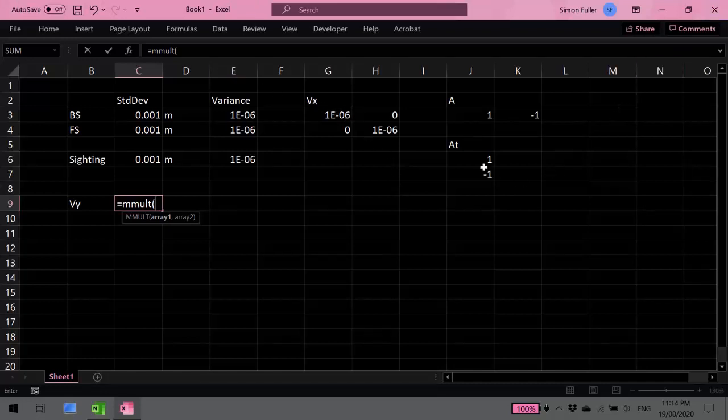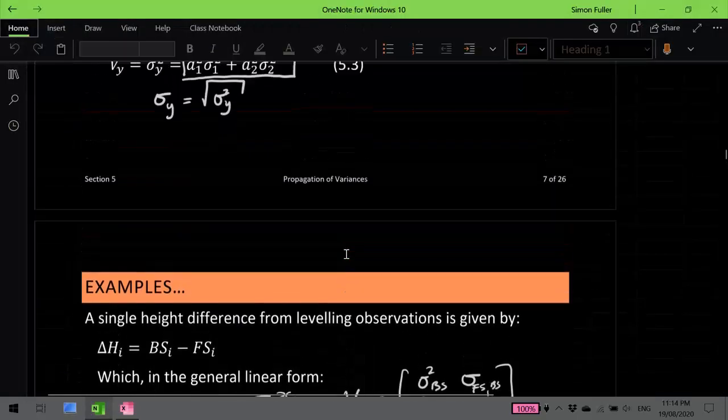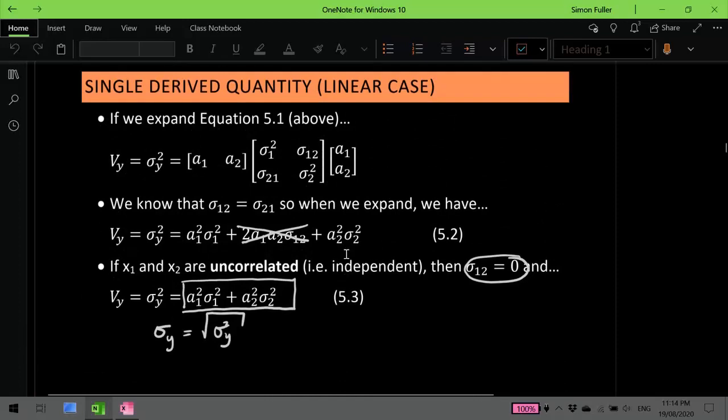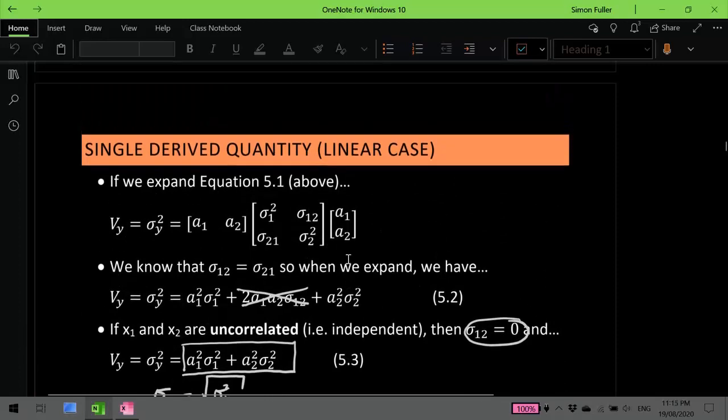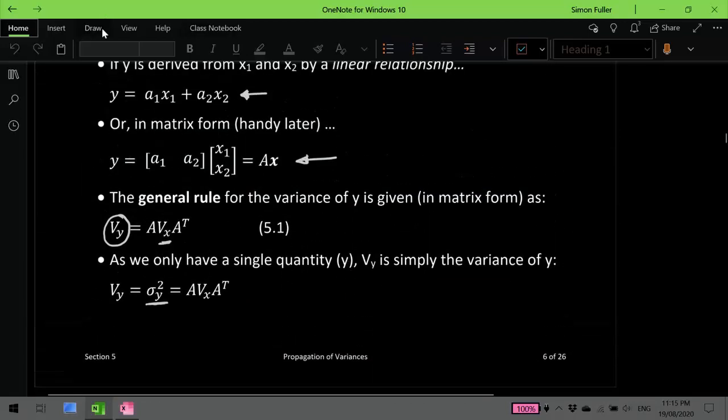of, well, let's double check. The long version needs to be this propagation of variances rule here. So A by the variance of the measurements by A transpose.